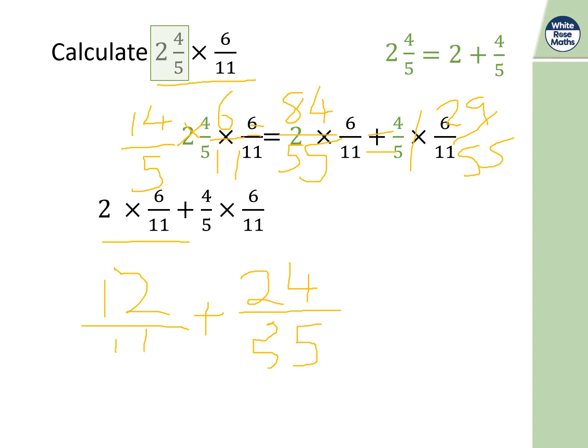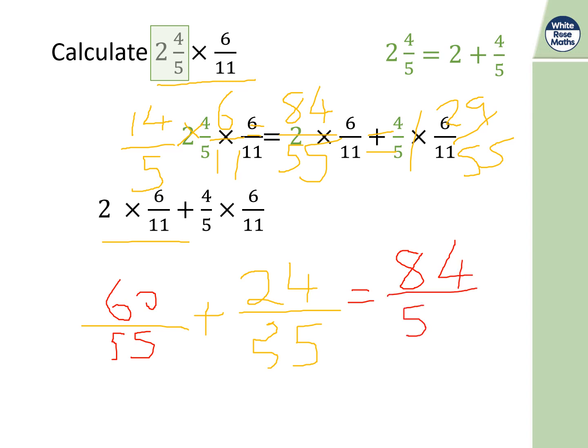So I get 60 out of 55, and then adding my answers together, I get 84 55ths, which again simplifies to 1 and 29 over 55.